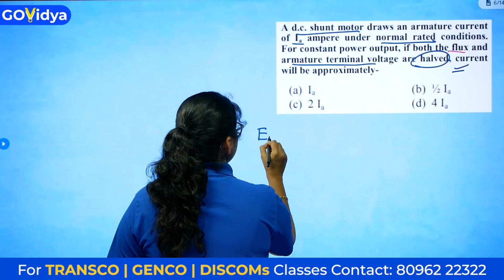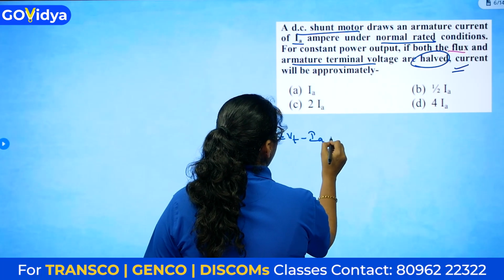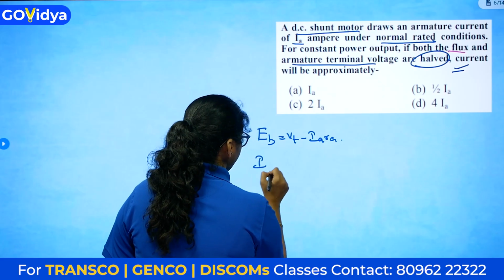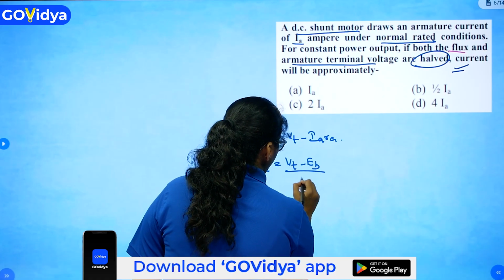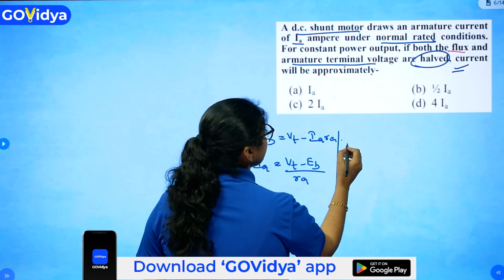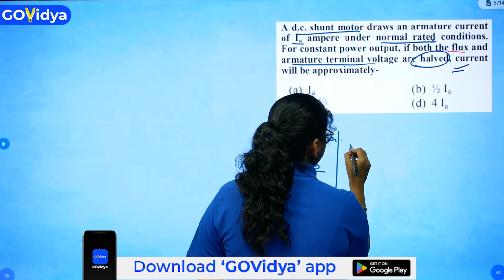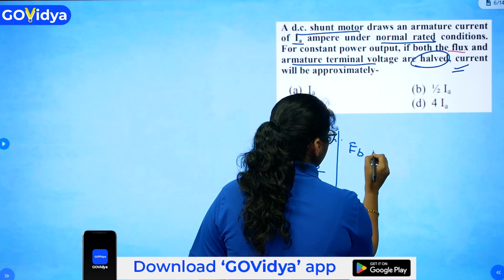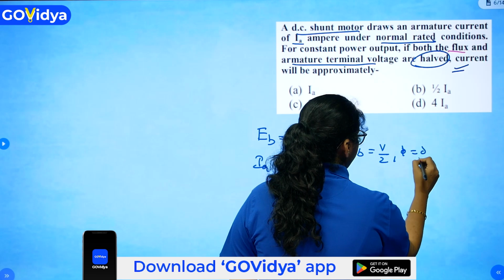So for a DC shunt motor, we know EB is equal to VT minus IARA. From this I can write IA as VT minus EB by RA. And the question gives both the flux and the armature terminal voltage, which is nothing but EB. EB is equal to V by 2 and the flux phi is equal to phi by 2.